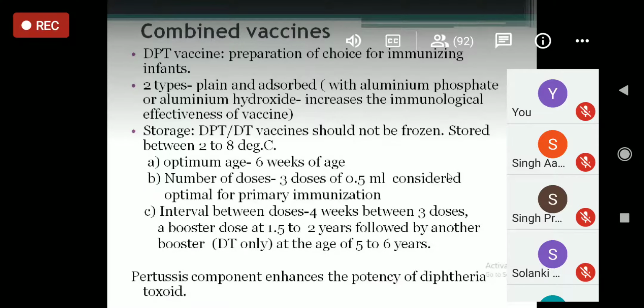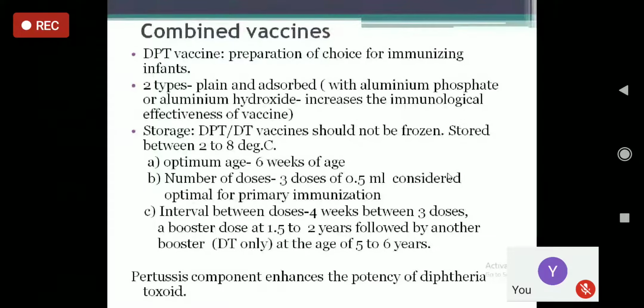So two booster doses are given in western countries, but for Nepal only the primary doses are given. Pertussis is added to this DPT because the pertussis component enhances the potency of diphtheria toxoid. That's why they are combined.